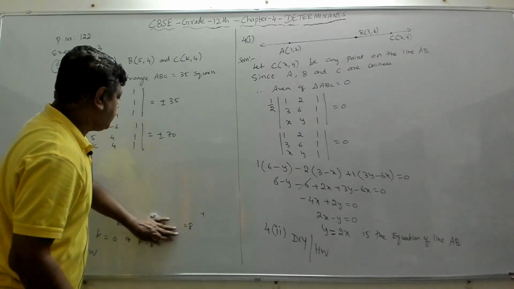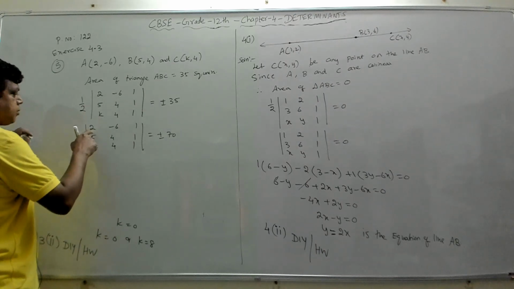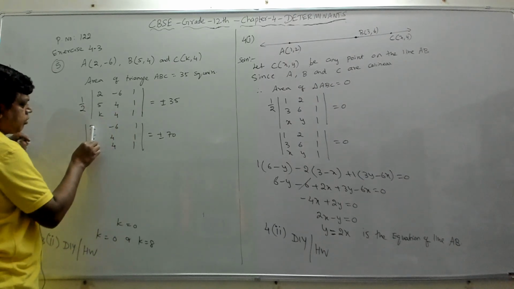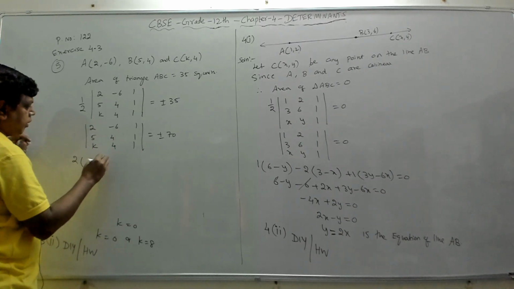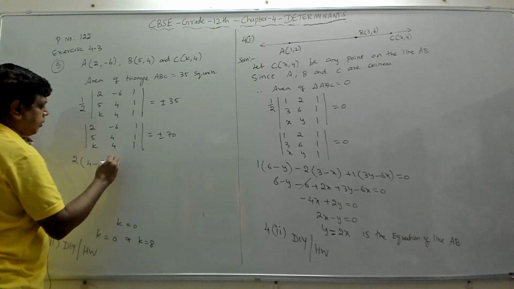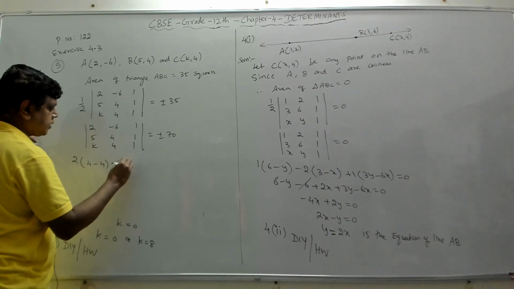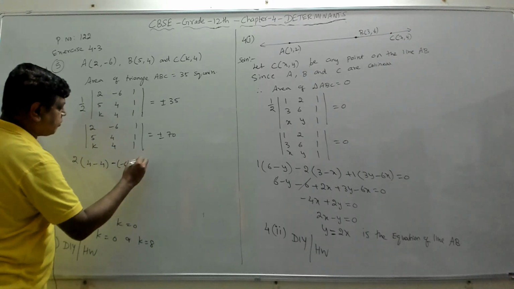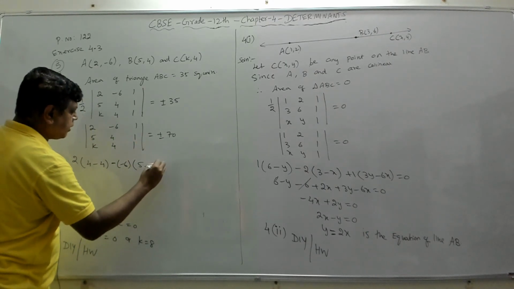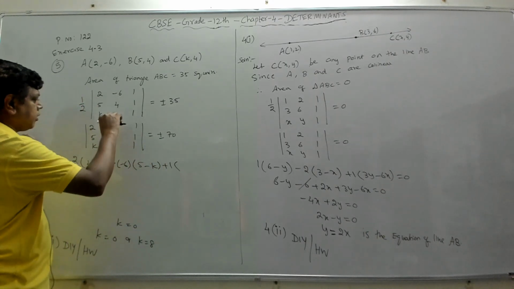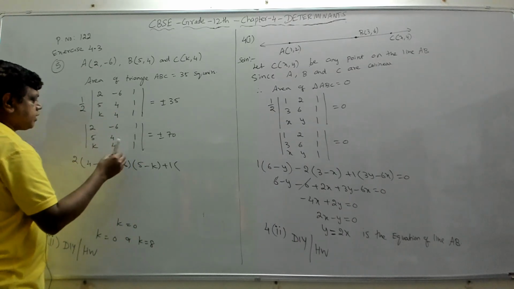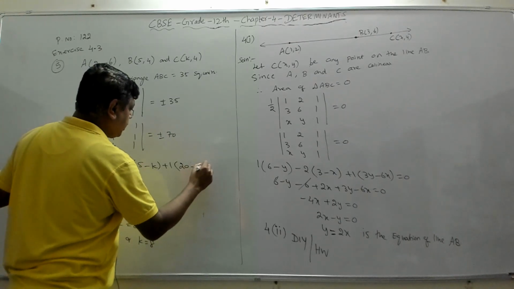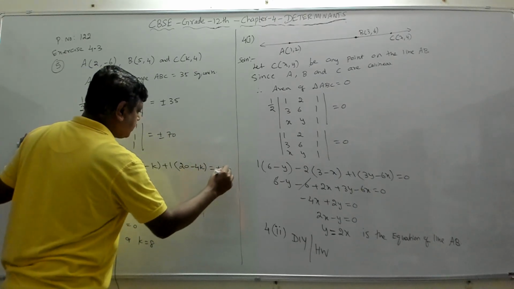Now if you try to expand this, so what do we get? If we expand along row 1, so 2 into this will get closed, this will be closed. So 4 into 1 is 4, minus 4 into 1 is 4, then minus of this is minus 6 into, we'll close this row, this column, 5 into 1 is 5 minus k into 1 is k, plus 1 into this will get closed, this will get closed. 4 5s are 20, minus 4 into k is minus 4k equal to plus or minus 70.